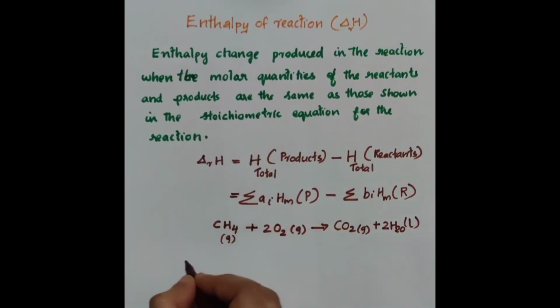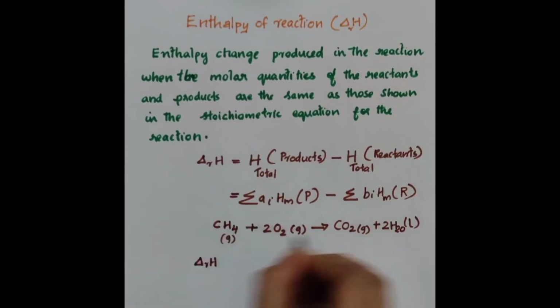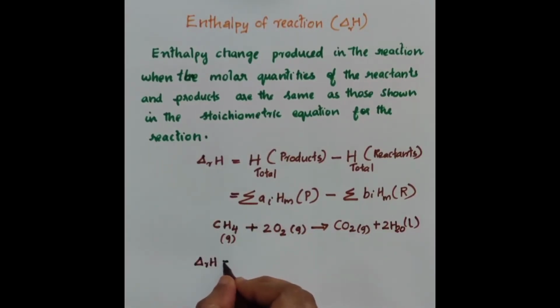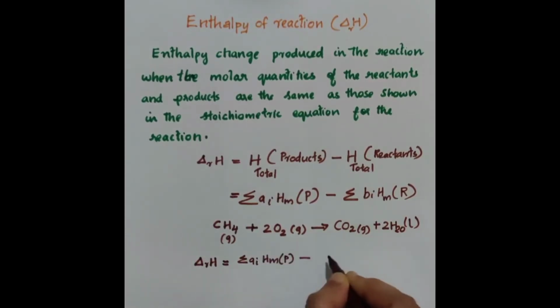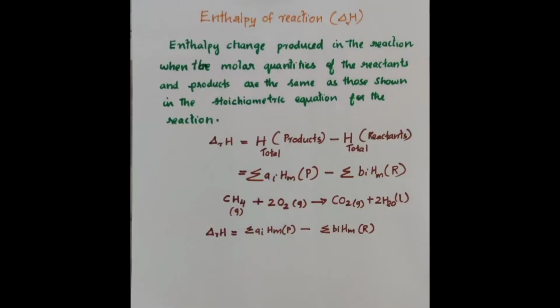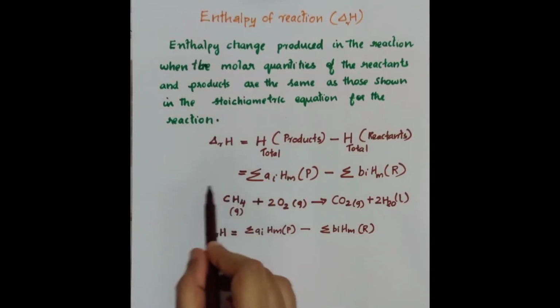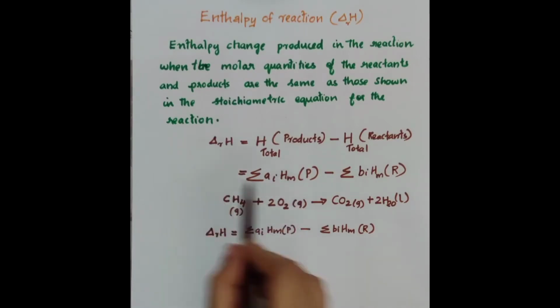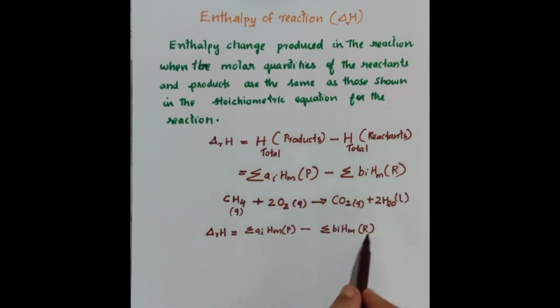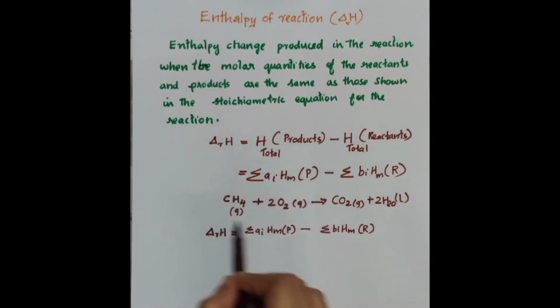Here we are going to find out the enthalpy change of this particular chemical reaction. Here it is sigma ai HM of products minus sigma bi HM of reactants, where sigma means the sum total of the products, and sigma of reactants means the sum total of the reactants.